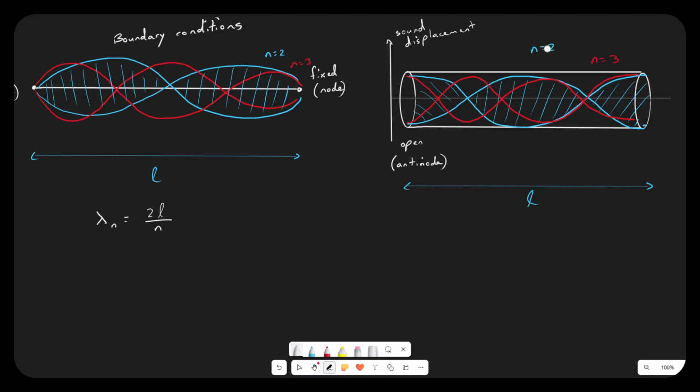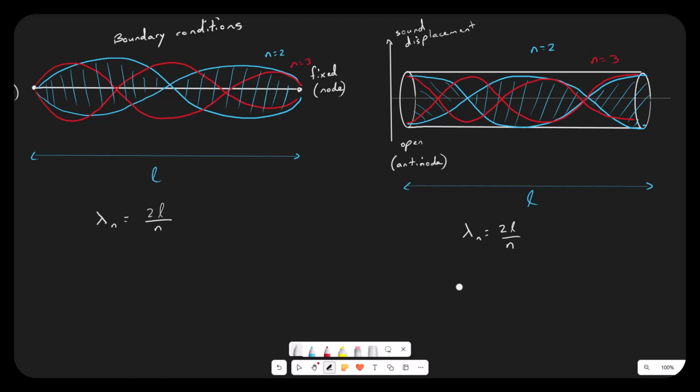I get the same thing here. When my index is 2, I have one loop and a second loop. Remember, 2 full loops equals 1 wave, so then my wavelength is L, 2L over 2. When my n is 3, I have 1, 2, 3 full loops, so 2 loops is 2/3 of the length, 2L over 3.